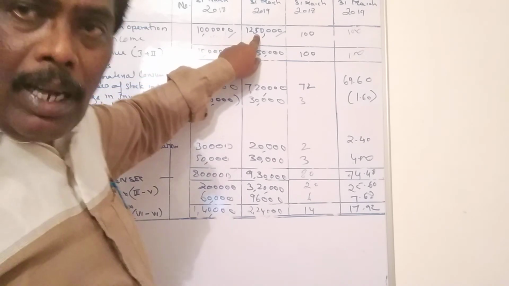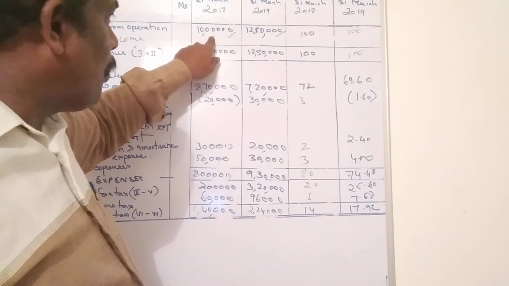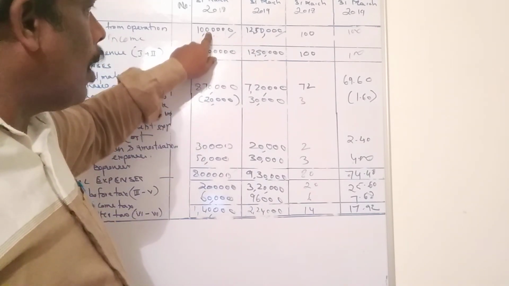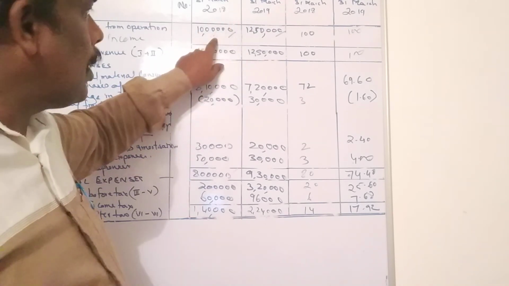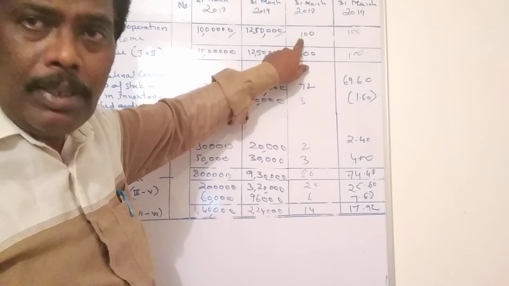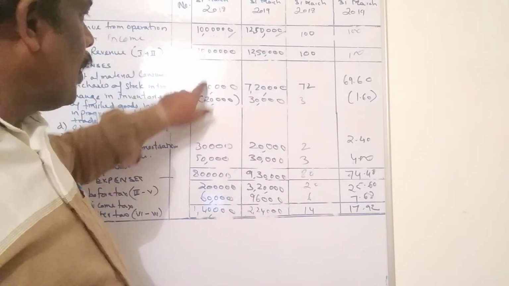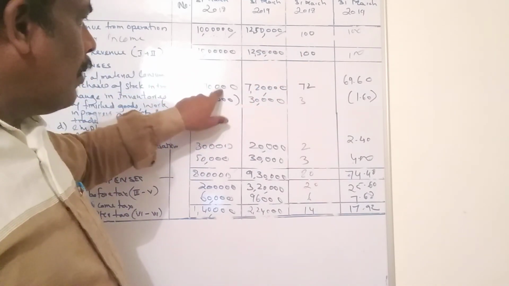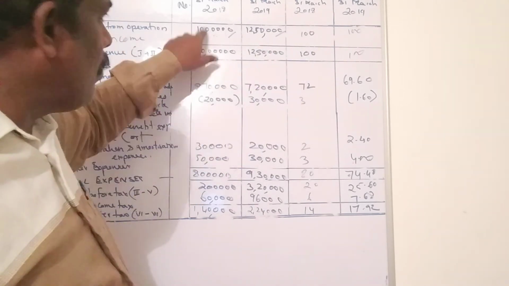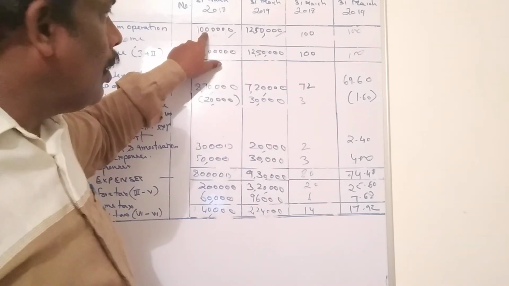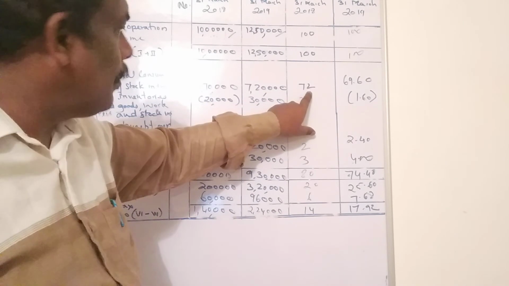How is the percentage calculated? For previous year, 10 lakhs into 100 divided by 10 lakhs, you get 100%. Similarly, 8,70,000 into 100 divided by 10 lakhs, you get 72%.